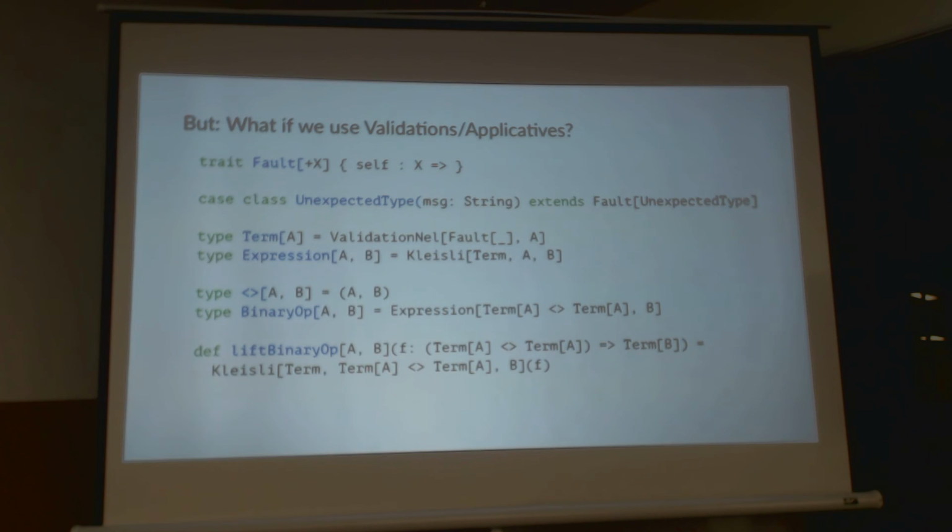We have an expression definition. We're defining expression a little differently. We're saying expression is simply a Kleisli of term A to B. We're defining the diamond operator a little bit more simply this time, just saying it's a tuple.